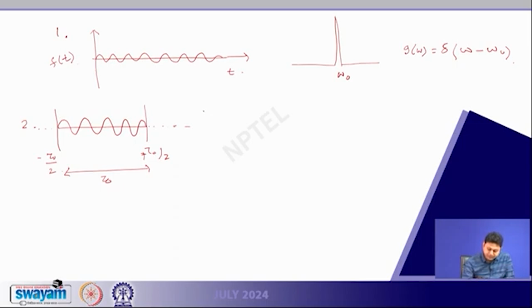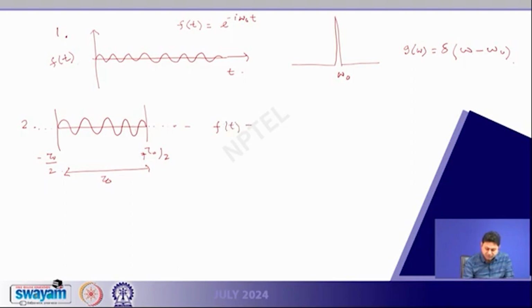So here the functional form of f(t) was e to the power of minus i omega 0 t, but there was no restriction over t. Here the function is finite, so we have a restriction over t.